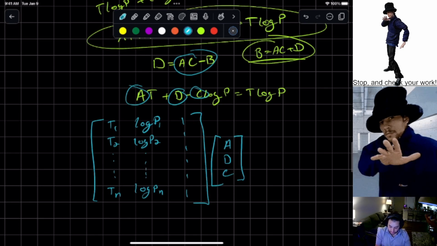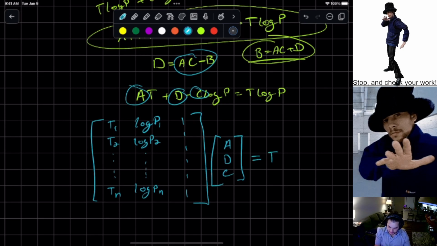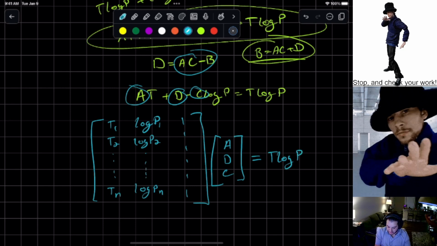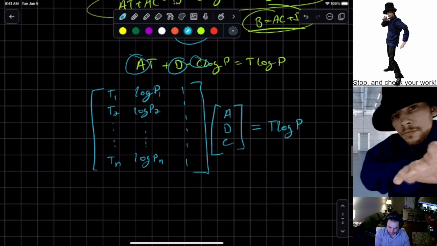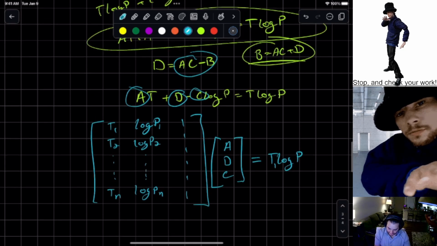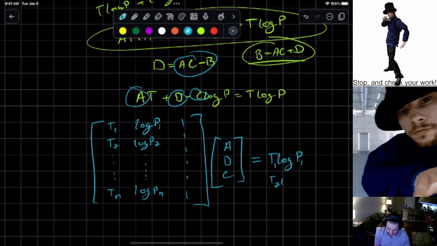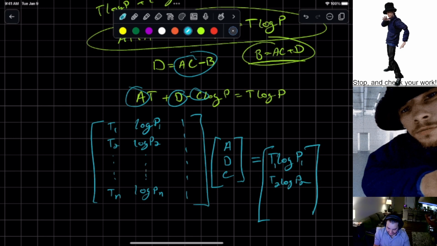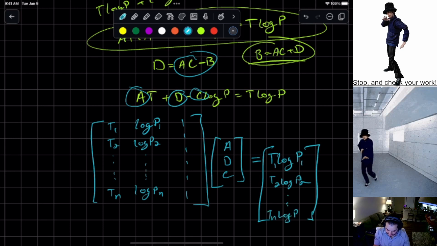And then on our final side, we have T log P: T1 log P1, T2 log P2, and you get the idea, Tn log Pn.